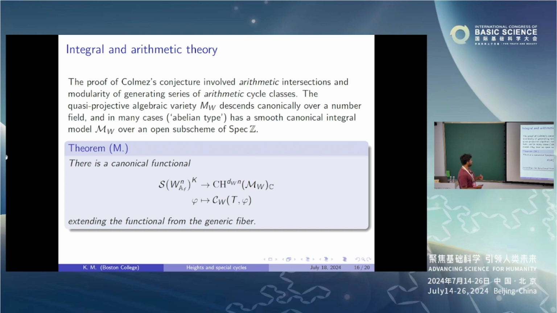And okay, here's the theorem. The functional that was defined over the complex numbers can be extended to this integral model. Okay. This is surprisingly already new for the modular curve. And the reason for that is that, what is one example of something that lives on the left-hand side?